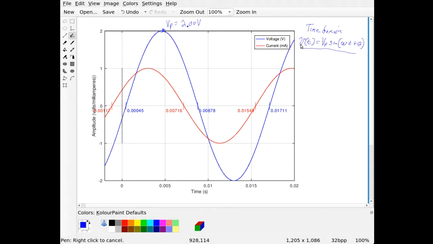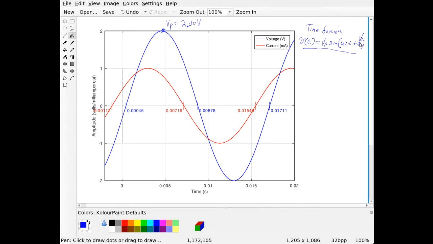Remember, the v is lowercase, indicating that it's changing with time. And omega is the frequency in radians per second, the frequency that the sine wave is running at.